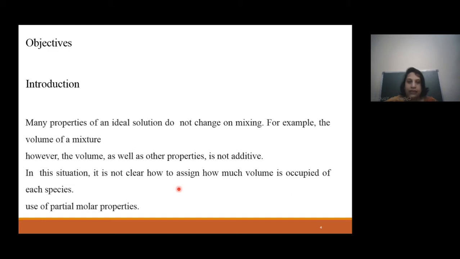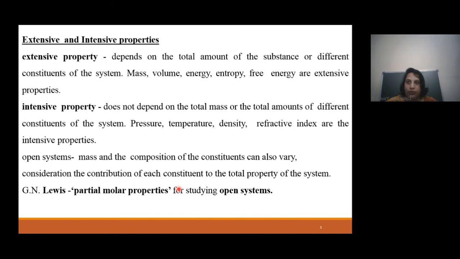So we will discuss the partial molar property now. We know that there are two types of properties, that is extensive and intensive property. Extensive property is the property which depend on the total amount of substance or total amount of the different constituents of the system. Mass, volume, energy, entropy, free energy are extensive properties.